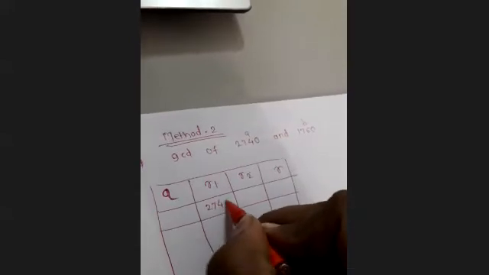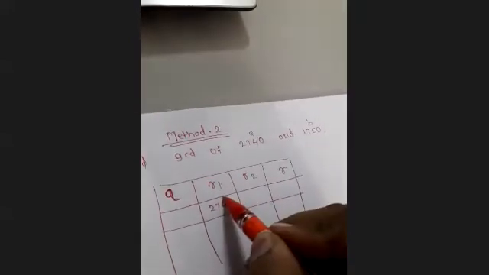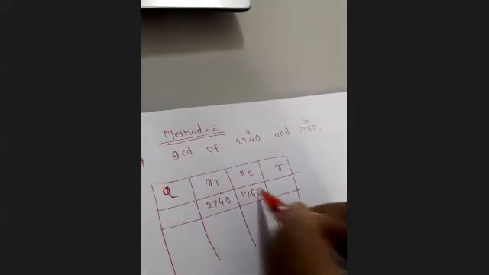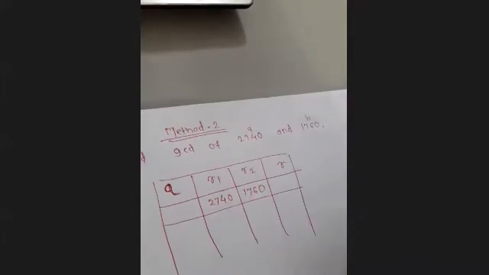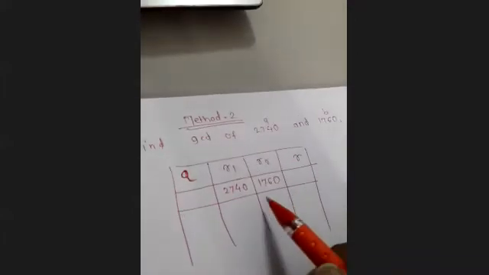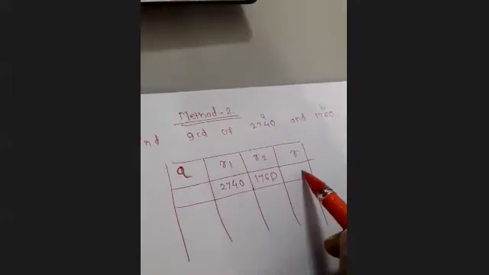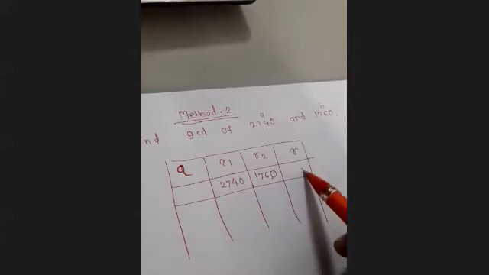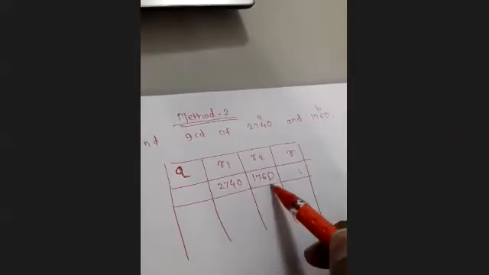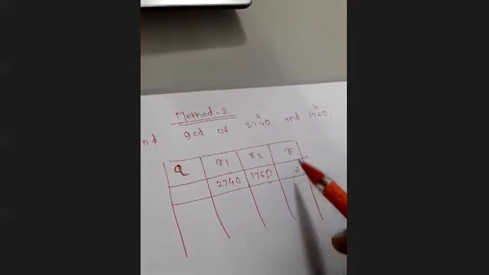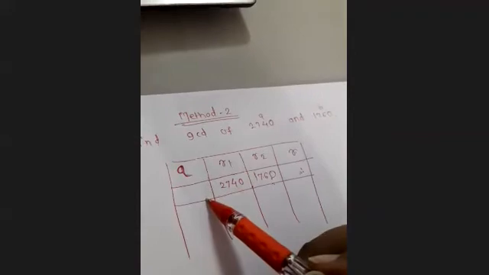So the A value will be written into R1, and the B value into R2, which is 1760. Now we are going to find the modulus. Here we write the remainder after doing the divide operation, and here we are going to write the quotient.